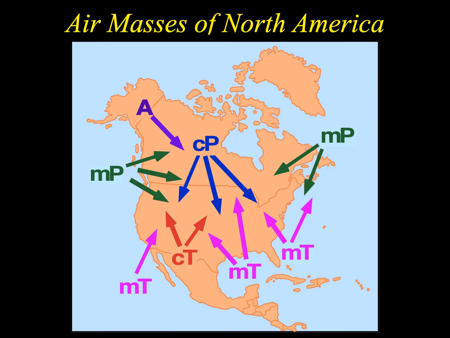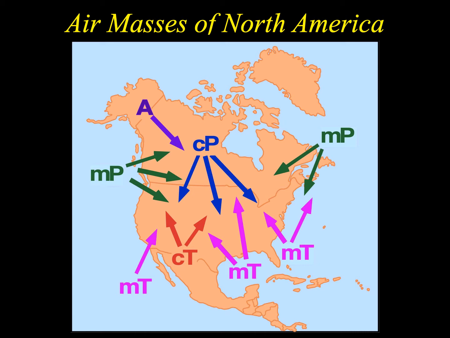This diagram here shows regions of North America where these air masses form. So you can see Arctic air masses tend to form over Alaska. They usually originate from outside of Alaska, Siberia. Maritime polar can either form on the east or west coast.